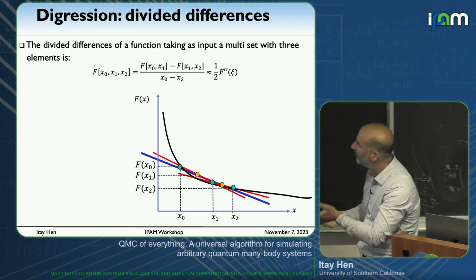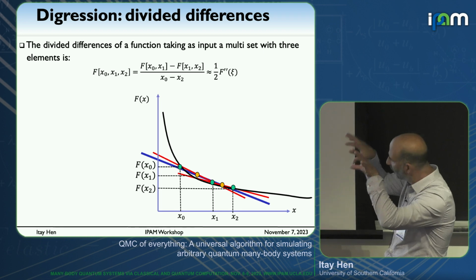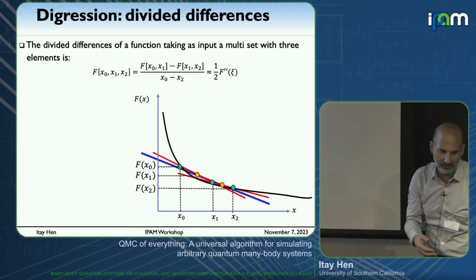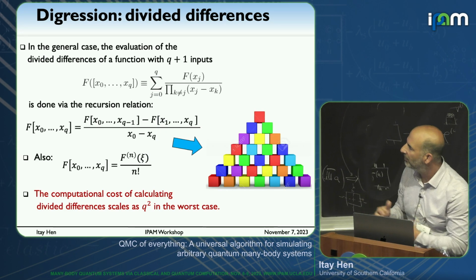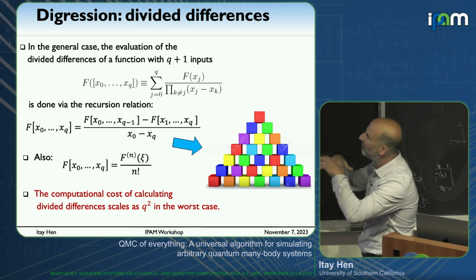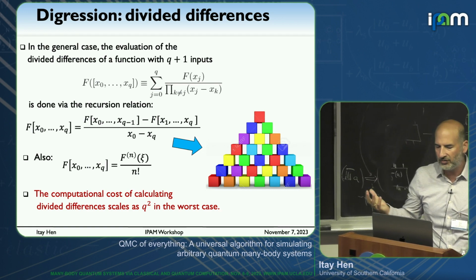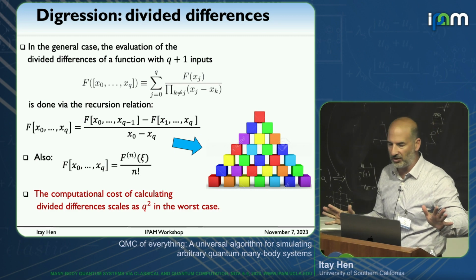When you have three inputs, you have to take the numerical derivative of the two first derivatives. So it becomes kind of a second derivative, and so on and so forth. In general, it's kind of a numerical nth derivative, or if you have q terms, then it's the qth derivative. That's all there is to it.